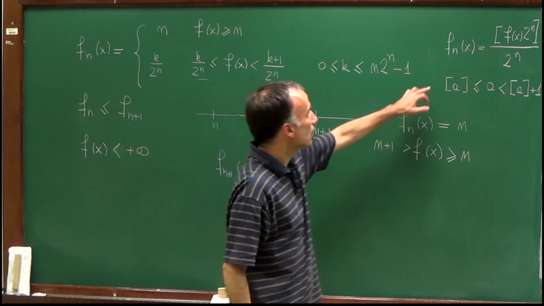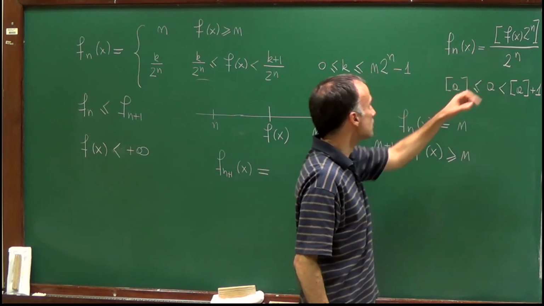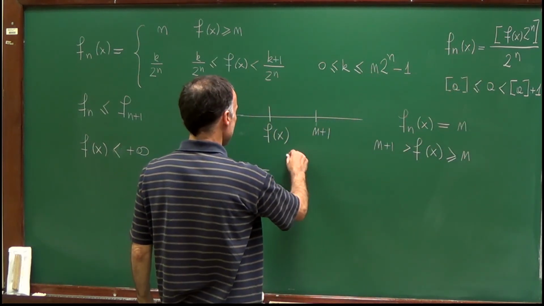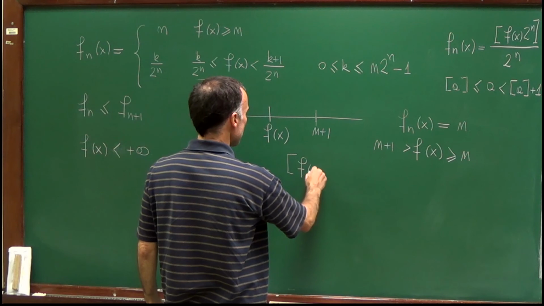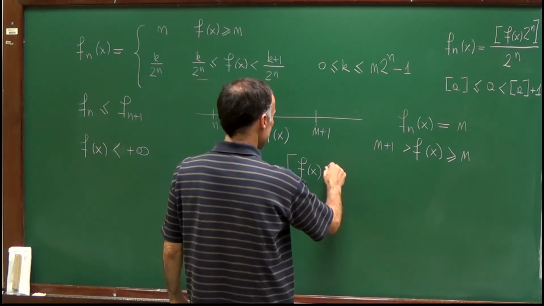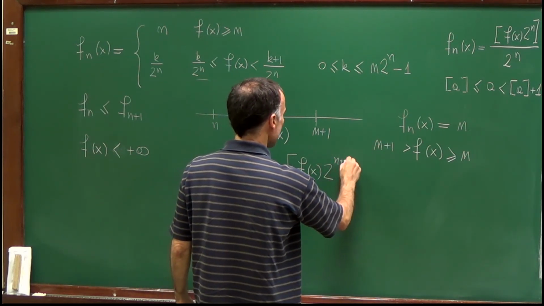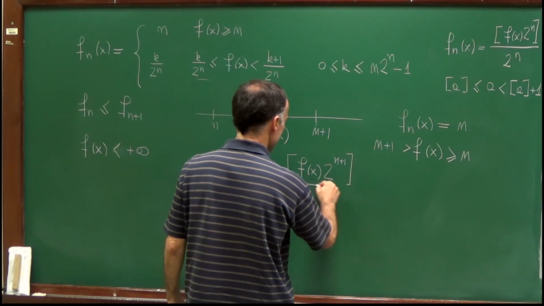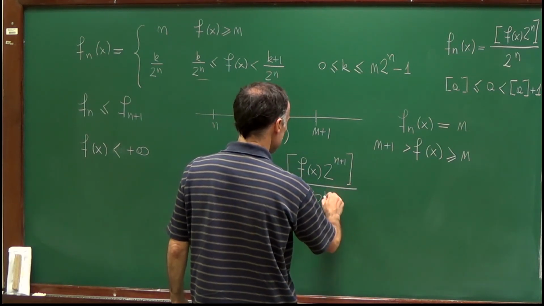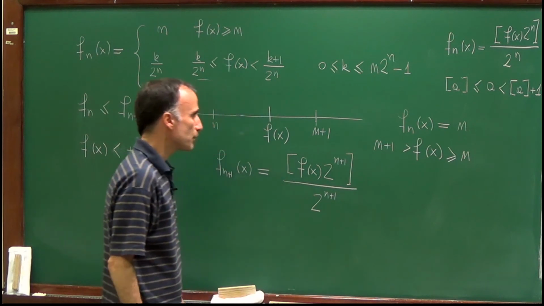And we'll just take here the definition. So this is the integer value of f(x) times 2 to the power n plus 1, divided by 2 to the power n plus 1.